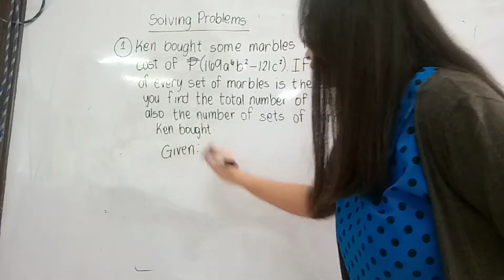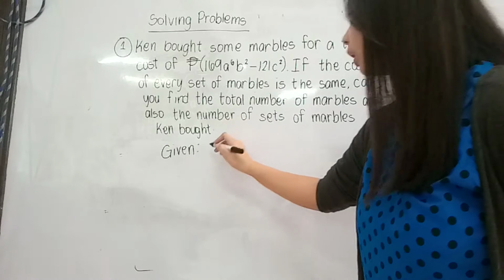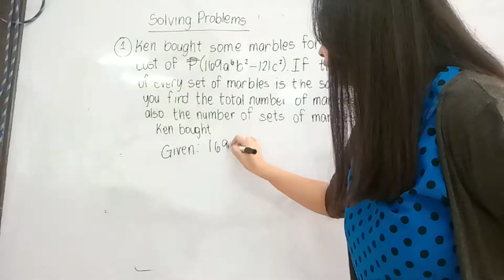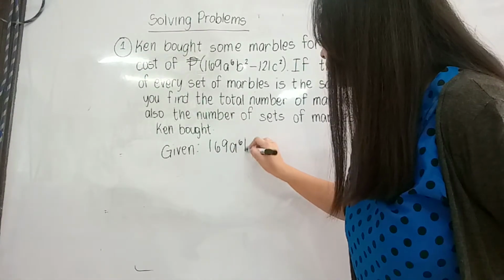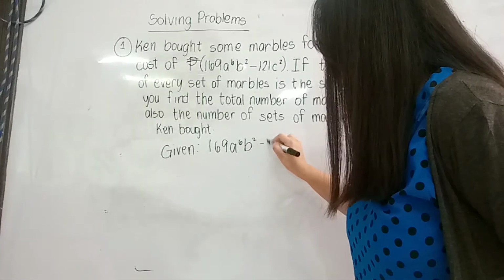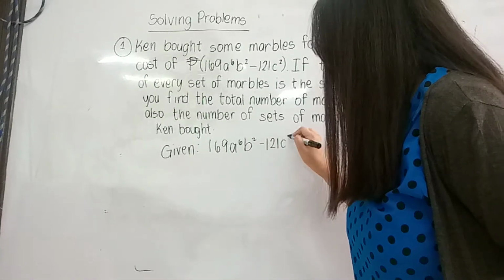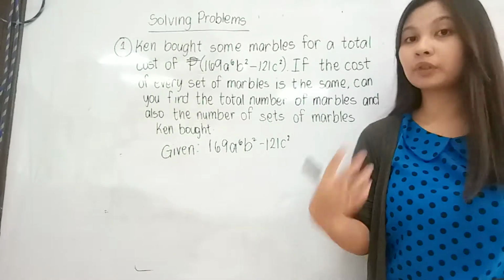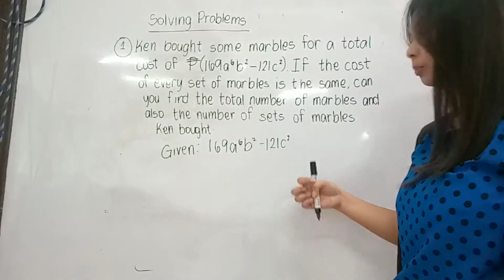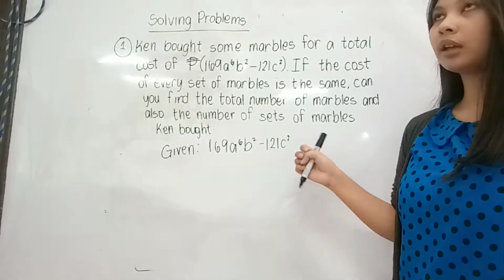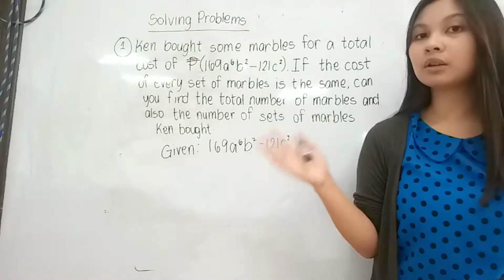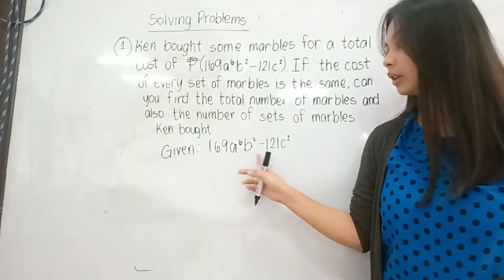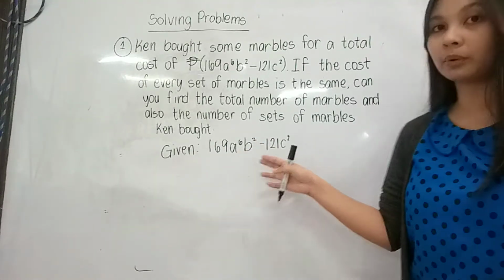So, ang given natin for this problem, we have 169 a raised to 6b squared minus 121 c squared. So, obviously, hindi natin i-apply si factorizing perfect squares kasi hindi siya trinomial. Okay? And then, ang magagamit natin dito is the difference of two squares kasi subtraction ang involved operation.